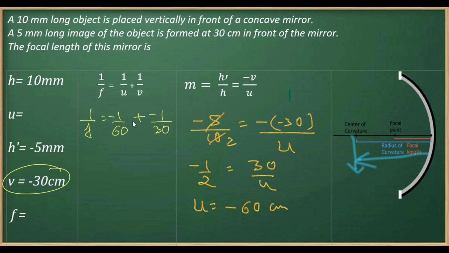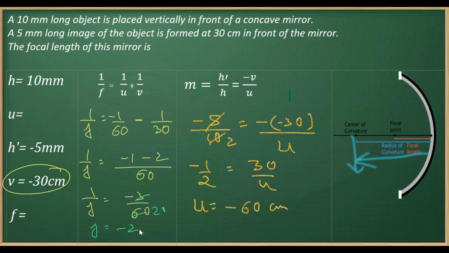Plus minus is minus, so you can write one negative sign in between. So 1 over f is equal to, the LCM is going to be 60, minus 1 minus 2. So 1 over f comes out to be minus 3 over 60. It can be reduced by 3 times. So we got f as minus 20 centimeter.